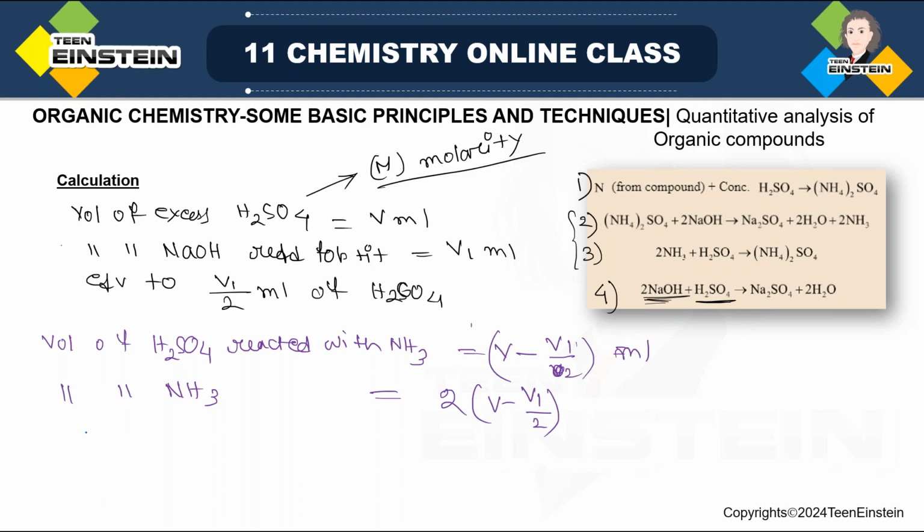Now we will go to the final calculation. Suppose you have 1000 ml of 1 molar ammonia. Then what will be the corresponding mass? It must be 17 gram of ammonia, which is the molar mass. 1000 ml of 1 molar ammonia is nothing but 17 gram of ammonia. Similarly, if it is M molar rather than 1 molar, then it must be 17 multiplied by M gram.